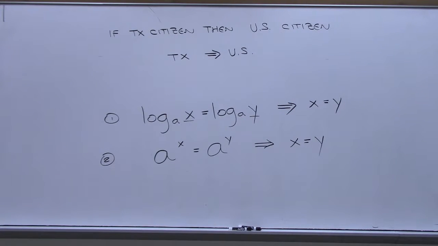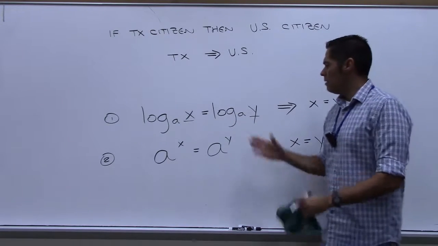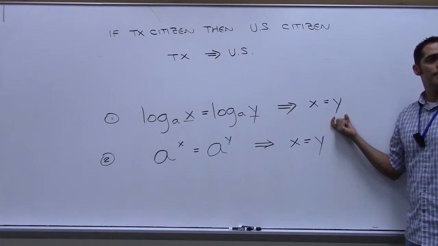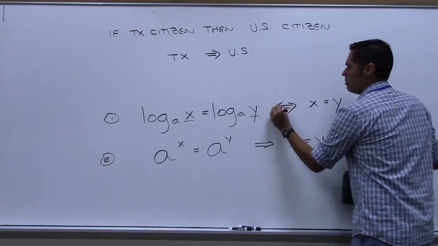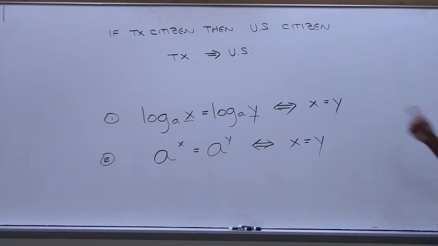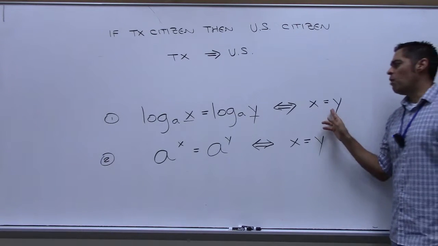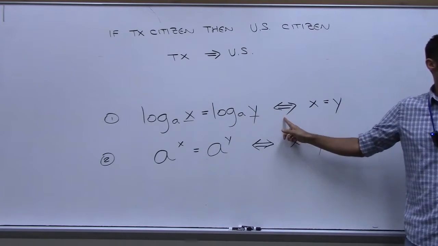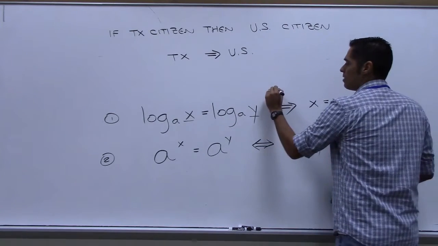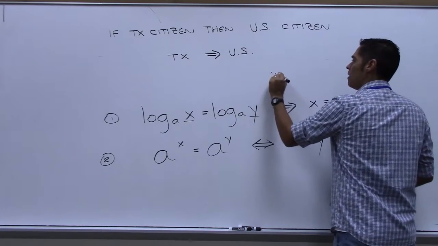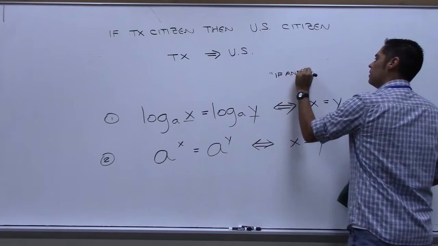Understand? Now, this means that if this is true, then this is true, right? But watch what I'm about to do. What does that mean? It implies both ways. That means if x equals y, then this is also true. So this implication goes both ways. So whenever we use that in mathematics, we say this symbol. We say if and only if.